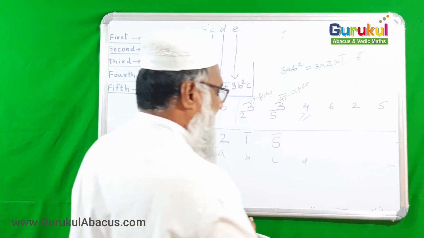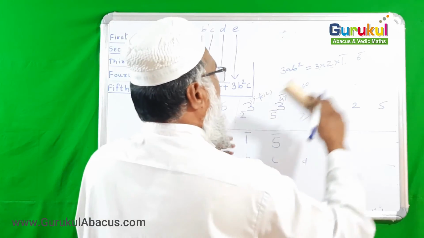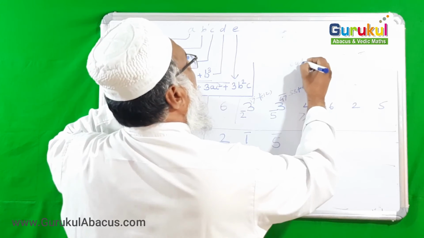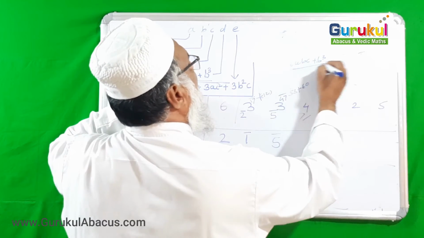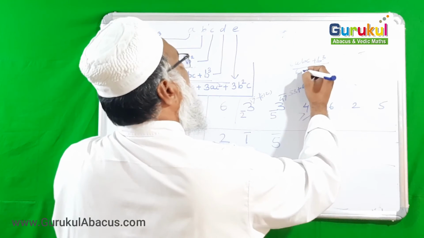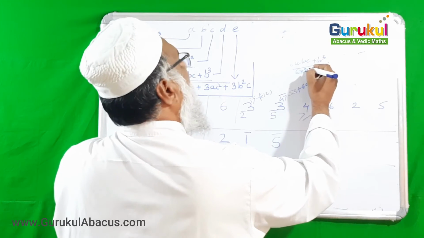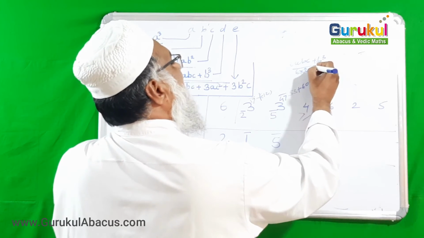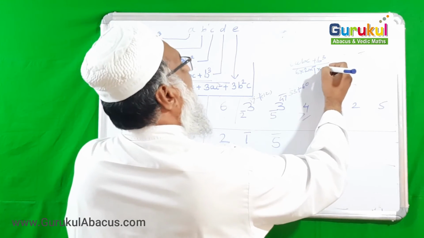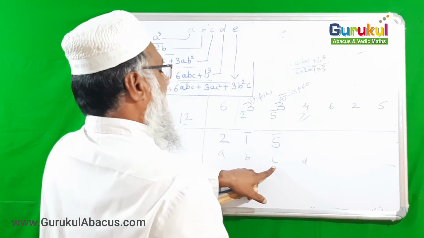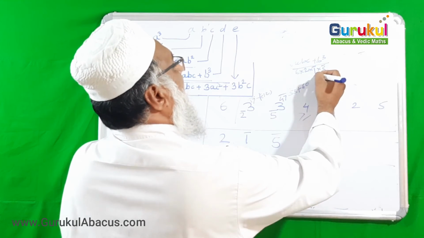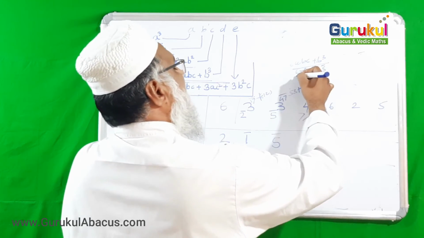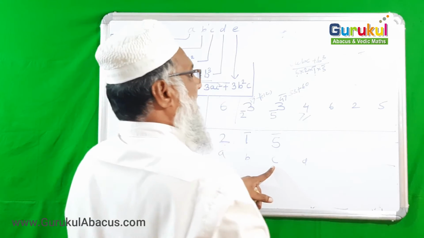So now let us subtract firstly. 6ABC plus B cube we are going to subtract. 6A is 2 into B is bar 1 into C, which we just found, bar 5. So 5 1s are 5, 5 2s are 10, and 10 6s are 60.